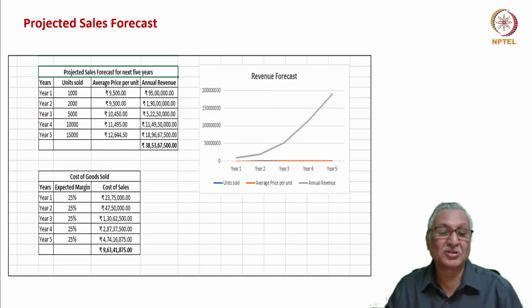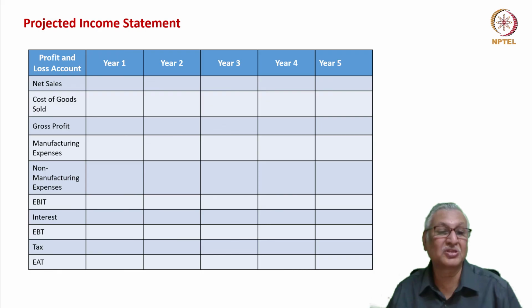So the projected forecast is that there could be an annual revenue of 38 crores for this project in the 5th year, and there could be cost of goods sold of only 10 crores, which means that there is a significant gross margin that is available, but that gross margin would be taken up by several pre-operative expenses as well as other expenses.